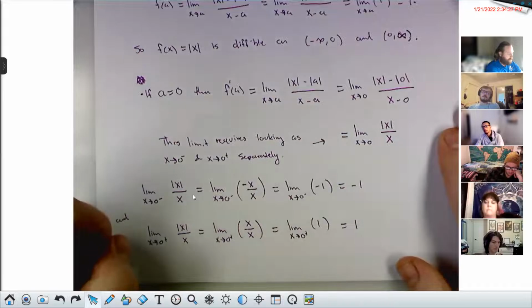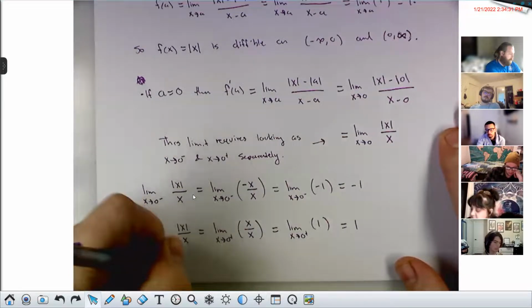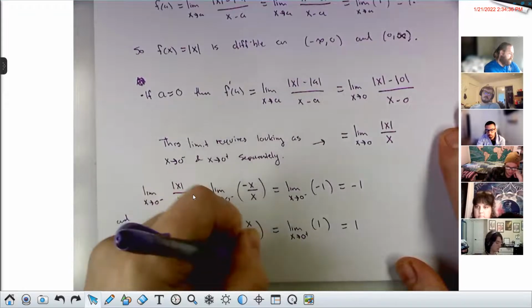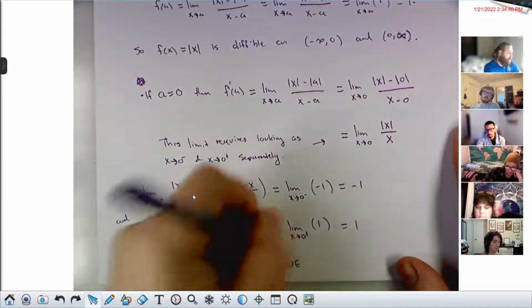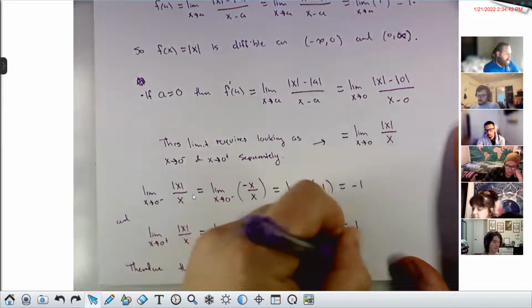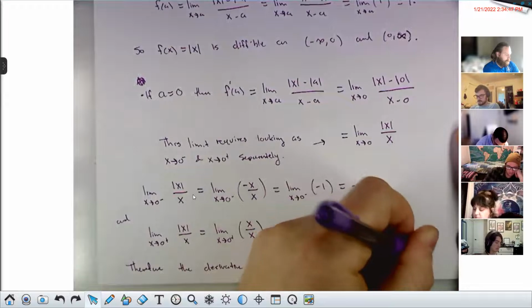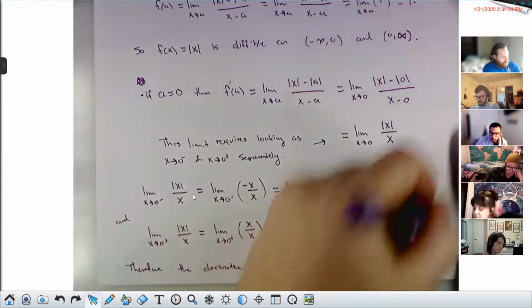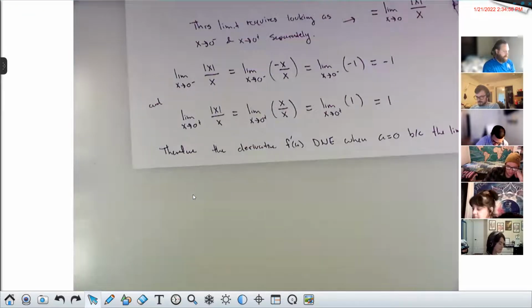Therefore, the derivative f prime of a does not exist when a is equal to 0, because the limit defining it does not exist.